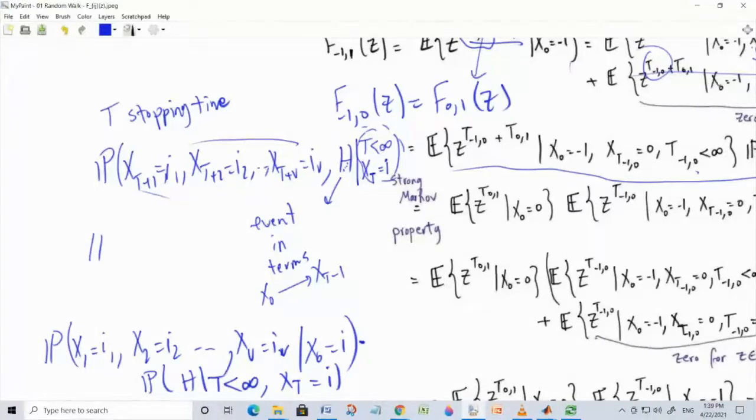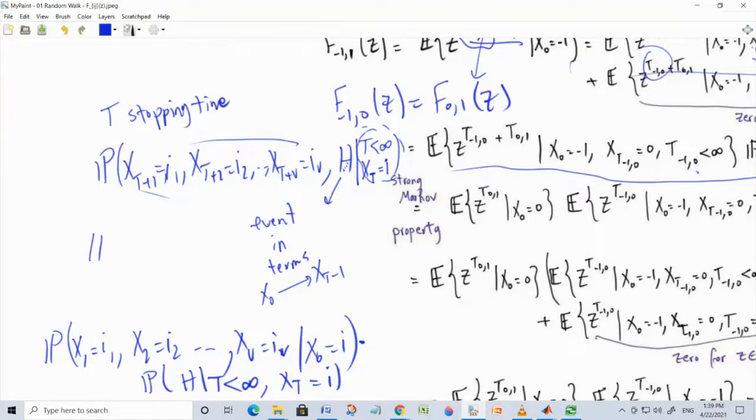Then any event in terms of x of n plus 1, x of n plus 2, and so on, will be conditionally independent of x of n minus 1, x of n minus 2, or any event defined in terms of these, given that x of n is specified. The strong Markov property tells you that you do not need to condition on x of n is equal to R. If you replace x of n by x of t, such that t is a random variable, but not any random variable, a stopping time, then in that case, the Markov property holds.